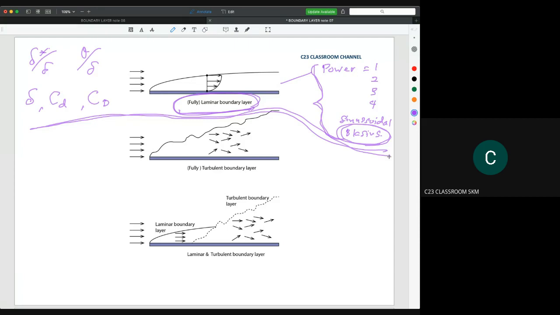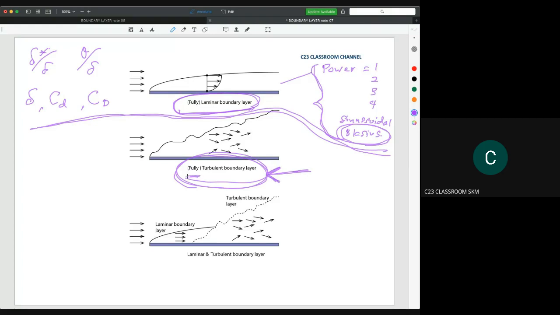If the boundary layer is 100% turbulent, a fully turbulent boundary layer, it has another method for solving the problem. So now we will see the turbulent boundary layer like this one. You need to be alert to the word fully here.